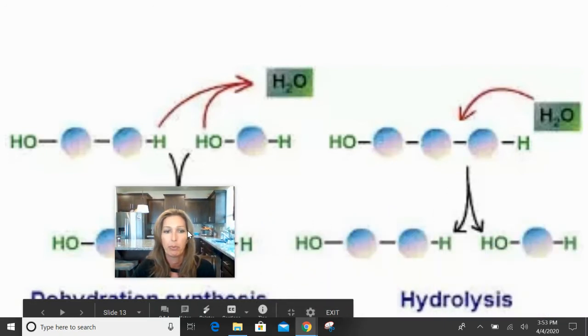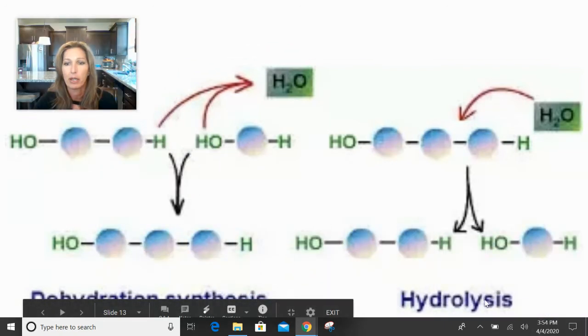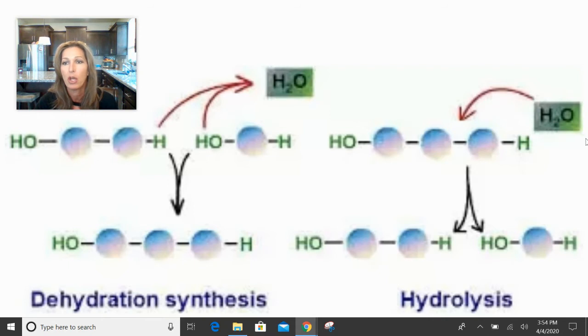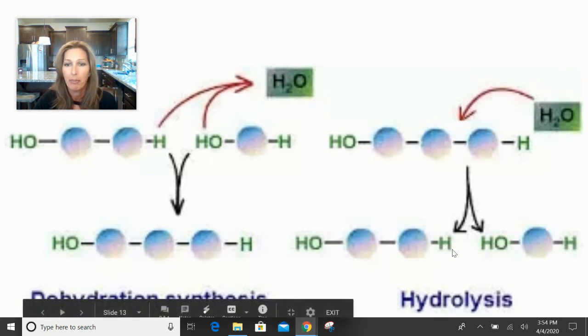Now, if we are breaking those molecules apart, we are talking about hydrolysis. In hydrolysis reactions, when we are trying to break the bonds between two monomers, we have to actually put water back into it and break the bond. Breaking the bond releases energy, so those are catabolic reactions, but we have to satisfy bonding rules. That's why we use the water to satisfy bonding rules once we have broken that covalent bond.